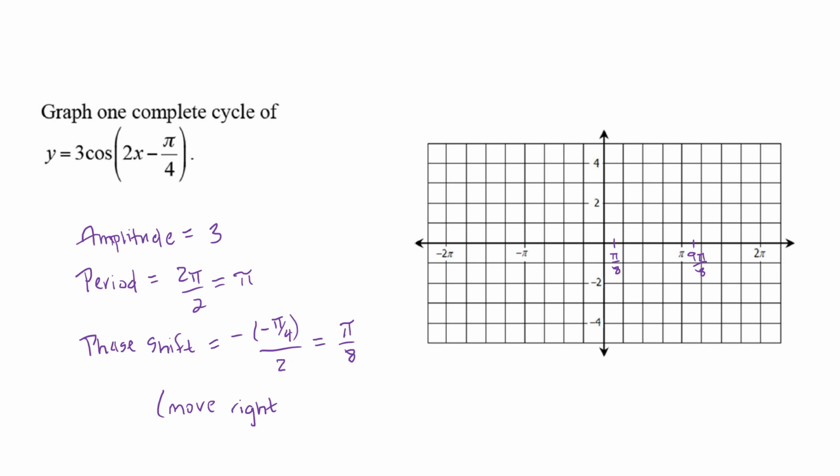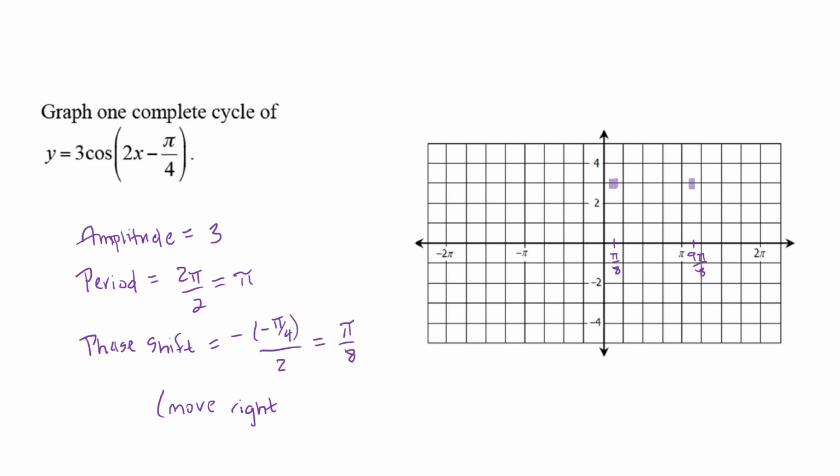Okay, so for the cosine graph, I know I start at my amplitude. So in the parent function, I started at 1 because that was the amplitude. In this case, it's 3. So for pi over 8, I'm going to start at 3. And I know I'm going to end at 3 for 9 pi over 8.